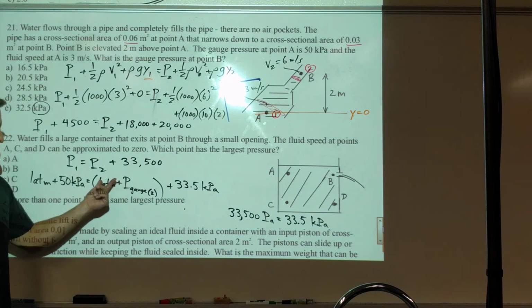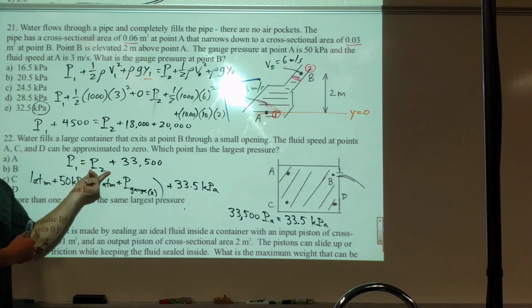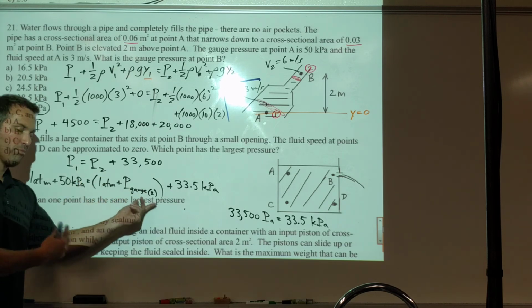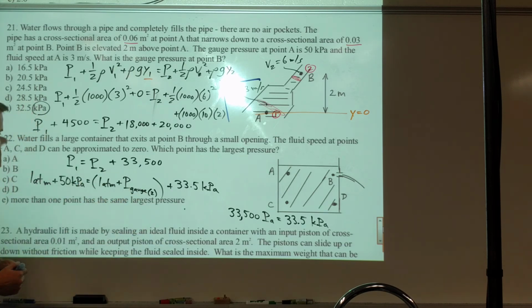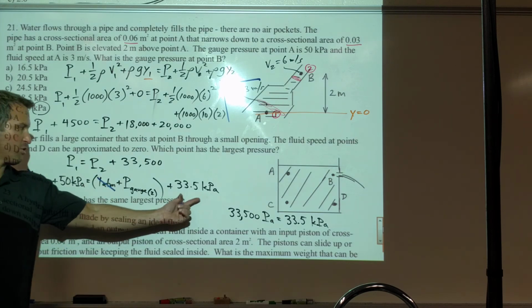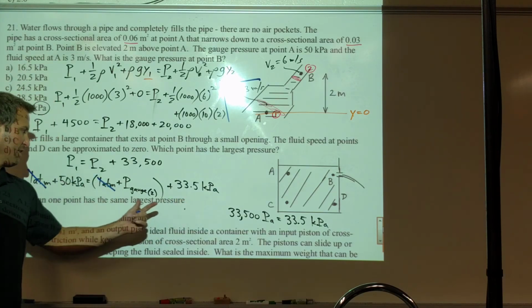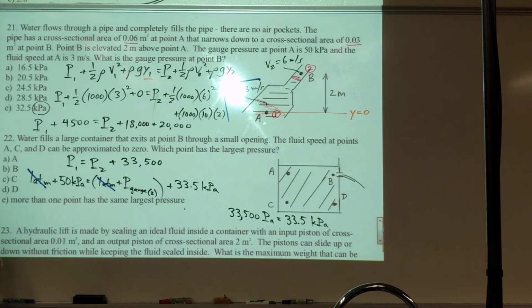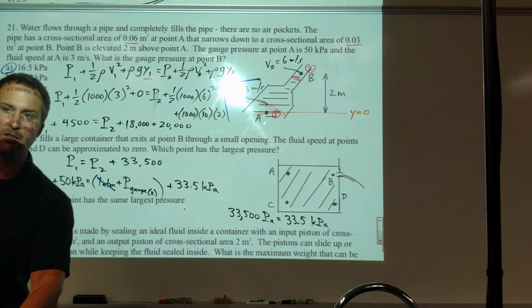I can subtract 1 atmosphere from both sides, and then subtract 33.5 kilopascals from both sides. And that would give me answer A here, 16.5 kilopascals.